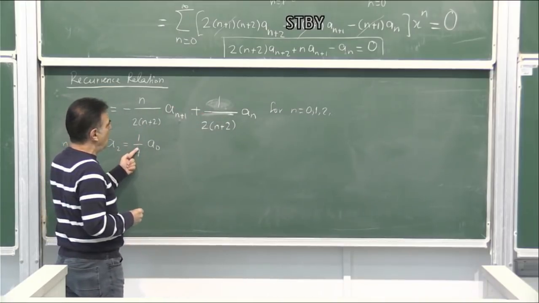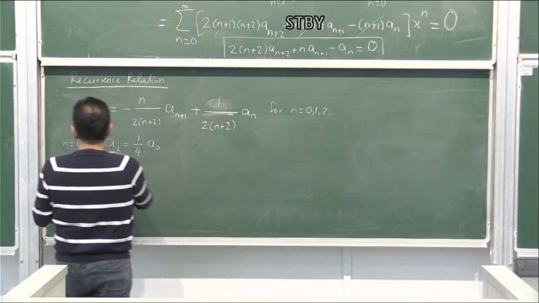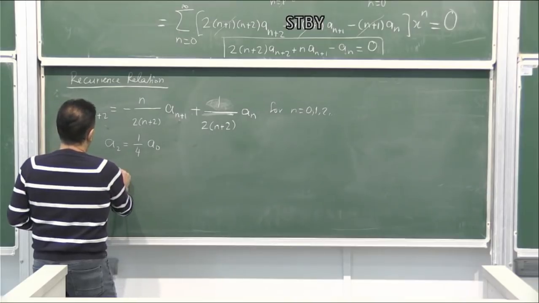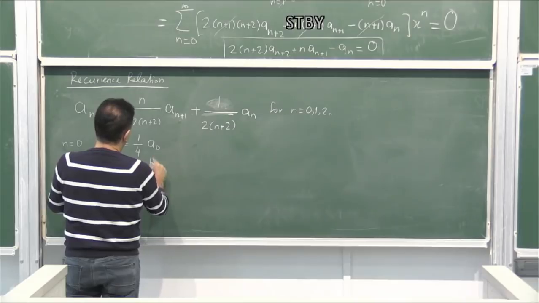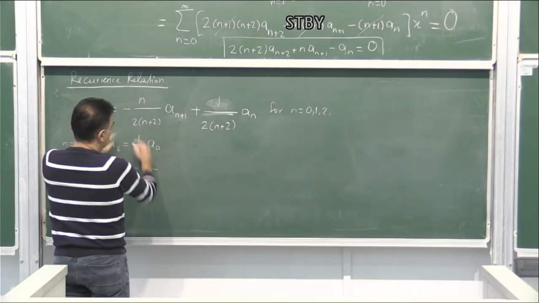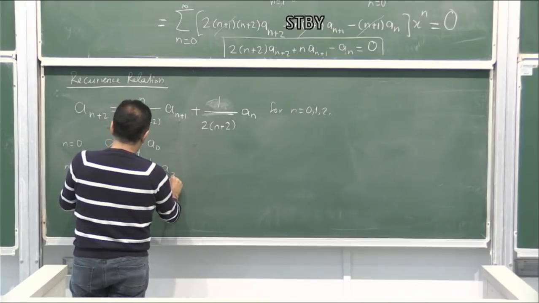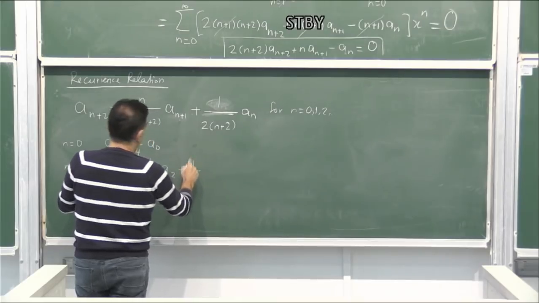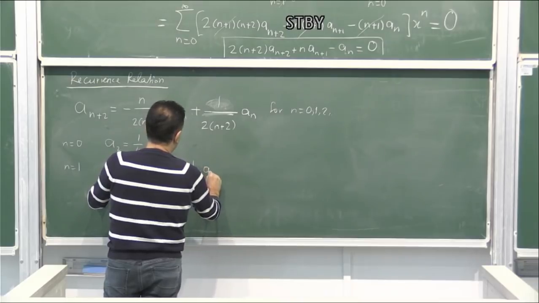A2 is 1 over 4 a0 when n is 0. So for n equal to 1, a3 is minus 1 over 6, correct? A2 plus 1 over 6 a1.